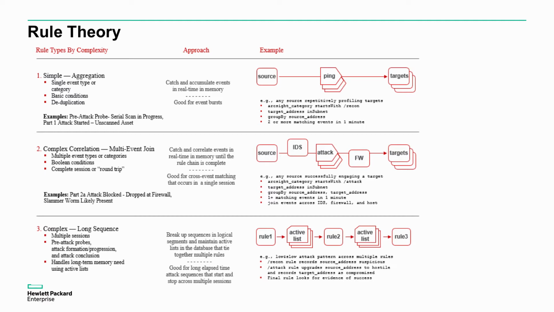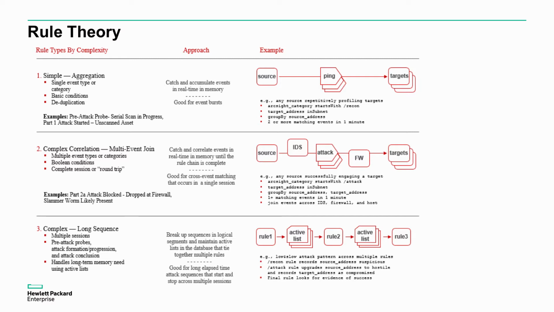Or we can look at an overall longer sequence. Now, in this particular example, we're introducing what we call lists, or in this case, active lists, where we can take data, we can have a trigger, we can put that data onto a list, and that list would remain static and available for us to check multiple times over an extended period of time. If you take the multi-event join from number 2 there, you probably wouldn't want to have that running across an hour, a day, a week, a month, or a year.